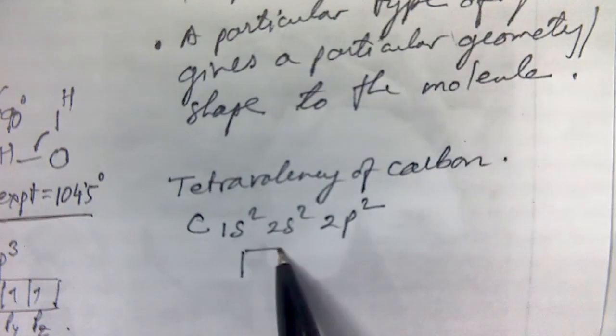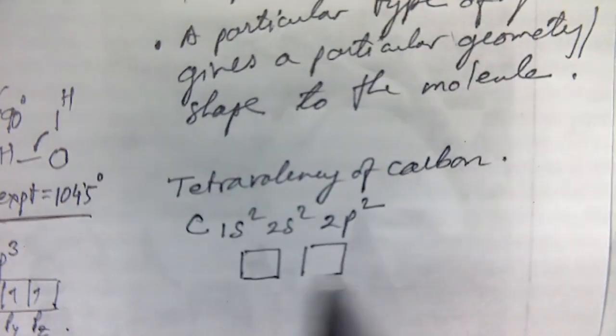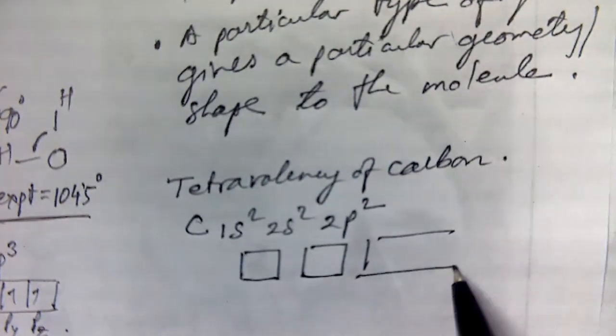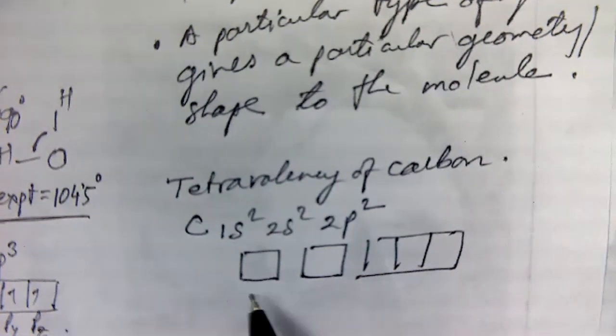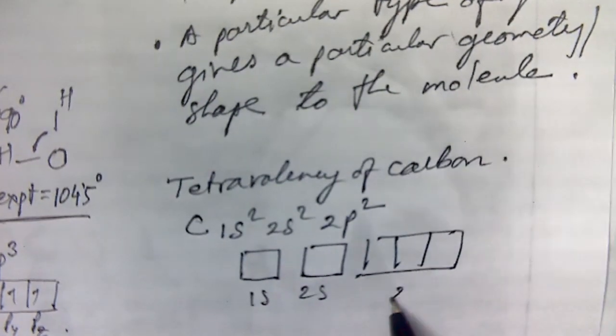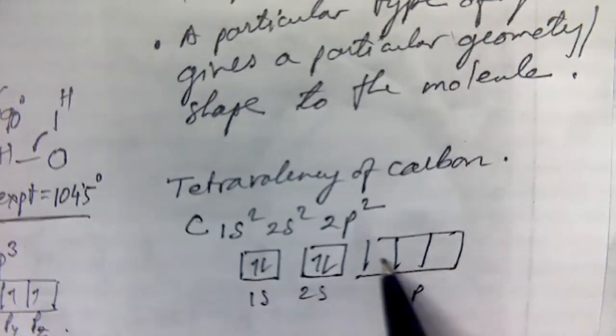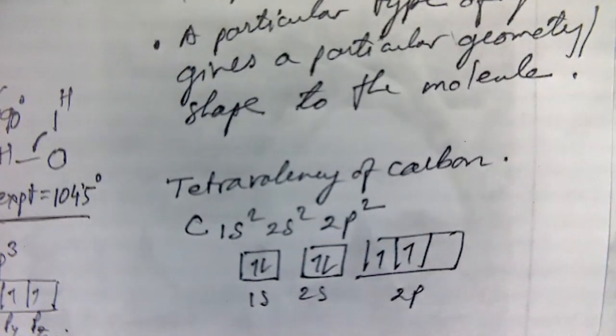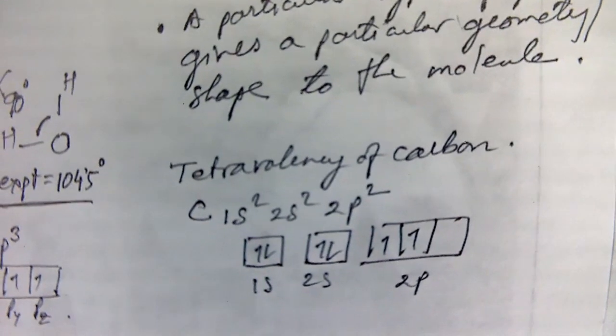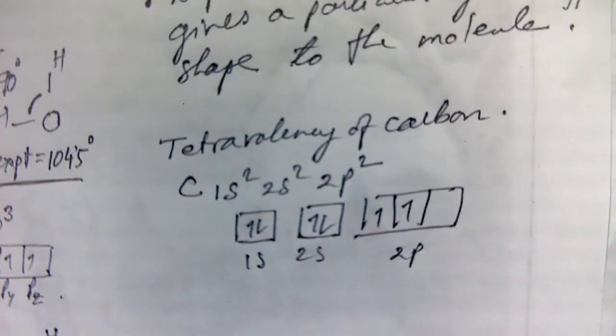In this form: 1s, 2s and 2p, with two electrons, one and one. Understood?